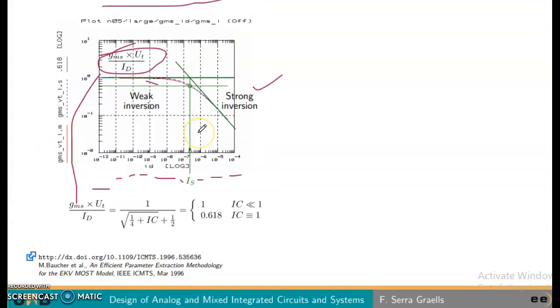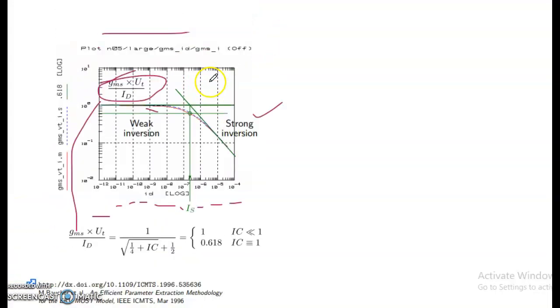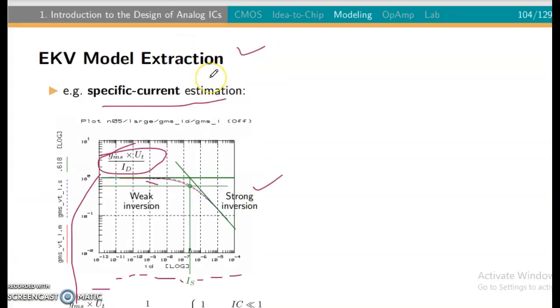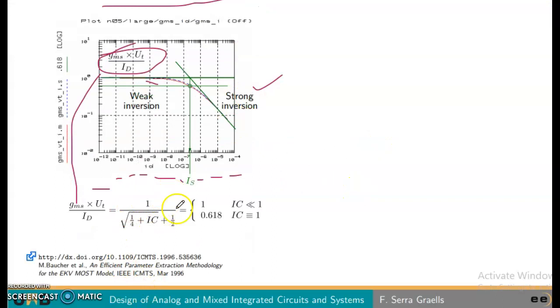Okay. Then 1 by 4 plus IC, 1 divided by the square root of (1 by 4 plus IC) plus 1 by 2. These all values square root square equal to 1 when IC is less than 1.